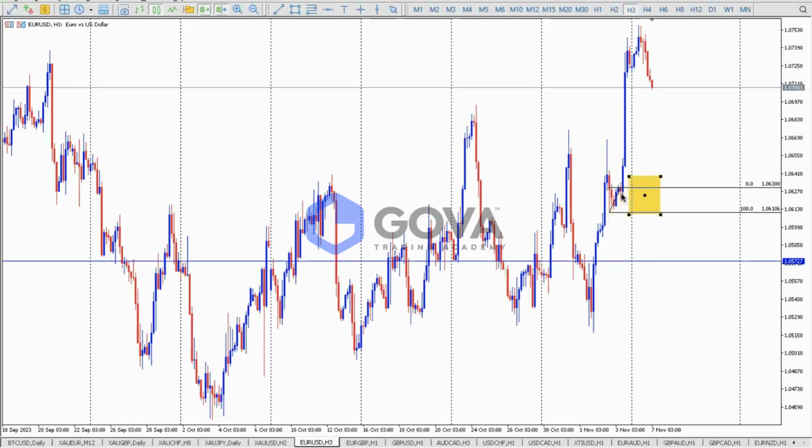Also, make sure you don't mark your zone like this. It is not proper like this. You can see that the yellow box is outside the two lines we have. The proper way to mark it is to make sure you do it like this. The yellow zone should stay within the two lines we have. It is okay like this.